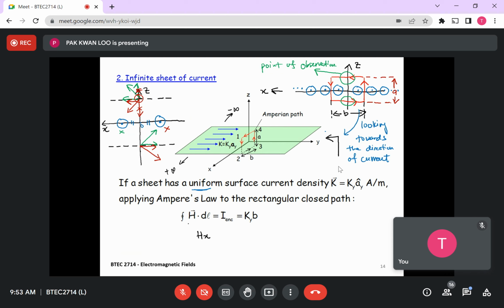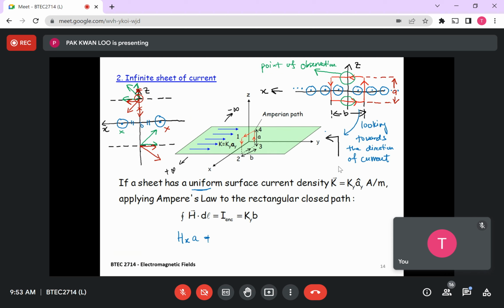From here on my left-hand side, I can write this as H of x times A, the path length.